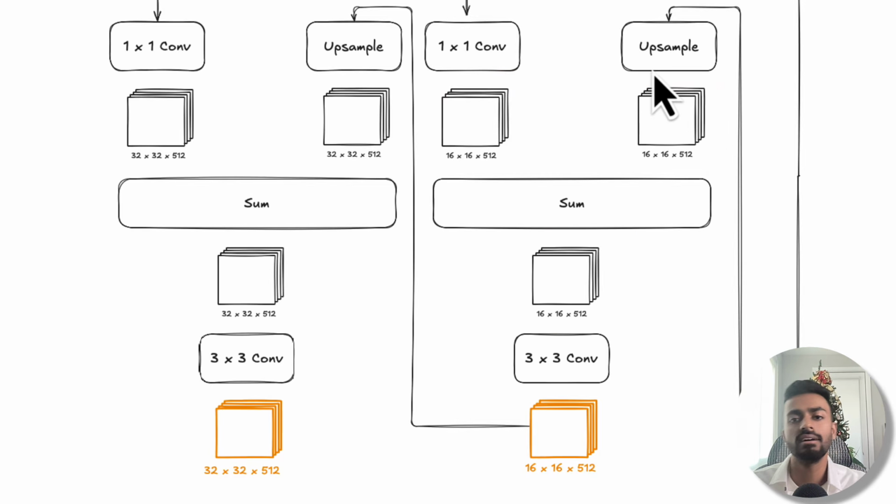Because of upsampling, we might get certain artifacts, the jaggedness or unevenness within this tensor. In order to clean up this operation and smooth out the artifacts, we will use a 3 cross 3 convolution here. Using this, we'll end up with a 16 cross 16 cross 512 tensor with appropriate padding and a stride of 1.